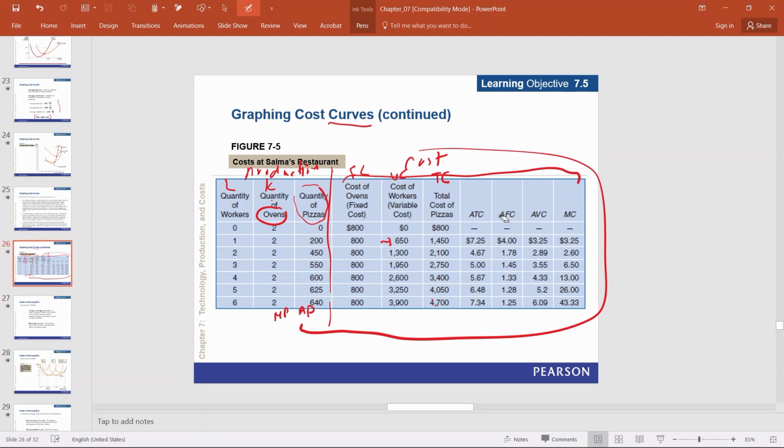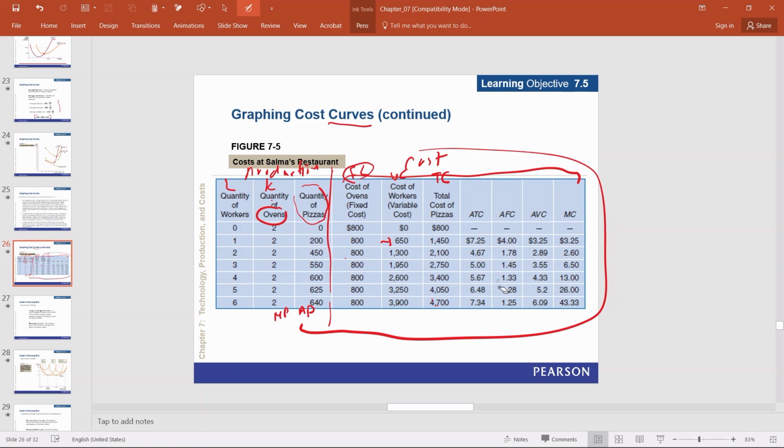So again, as we said, we get the average total cost by dividing total cost by the level of production. So we'll get this column. And then for average fixed cost, go to the data on fixed cost, which is this one, divided by the number of production for each level.